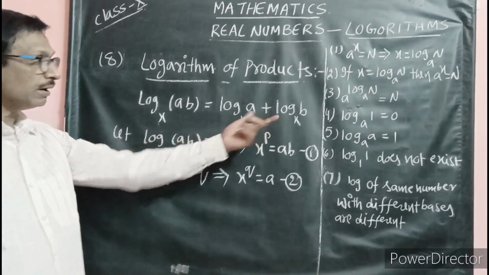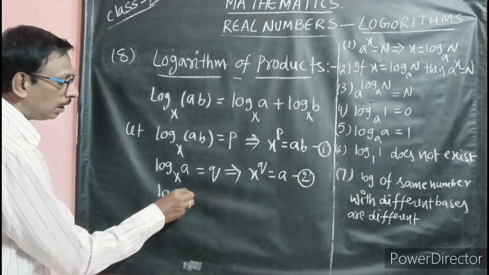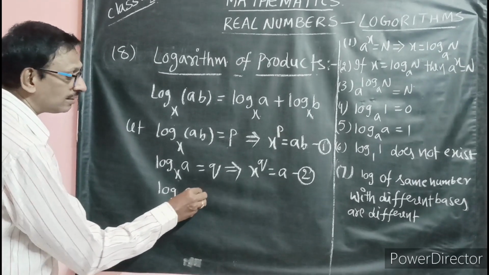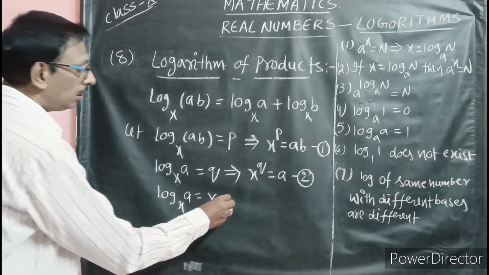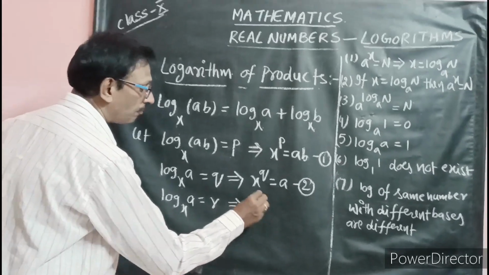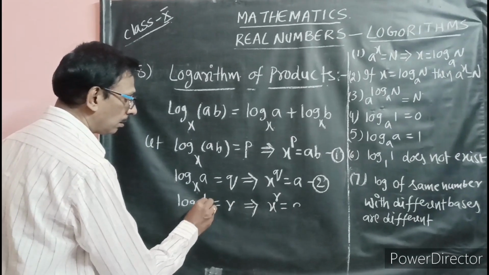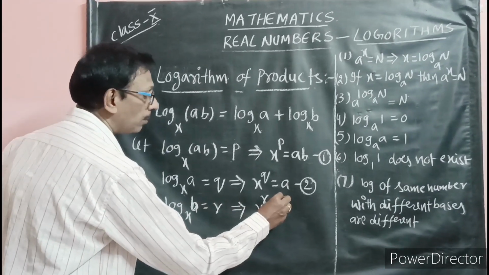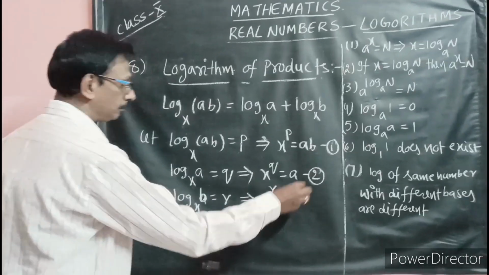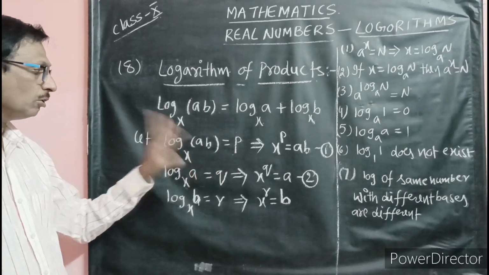Now third one, we are equating log b to the base x is equal to some r. Now write in the exponential form, x to the power of r is equal to b. Log ab to the base x is equal to p.